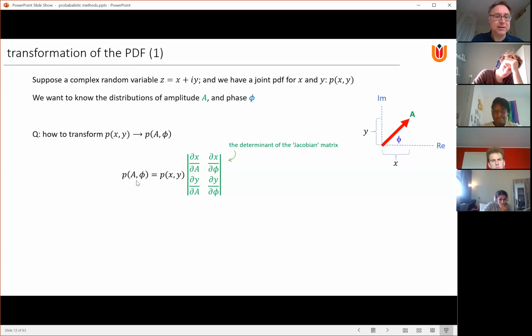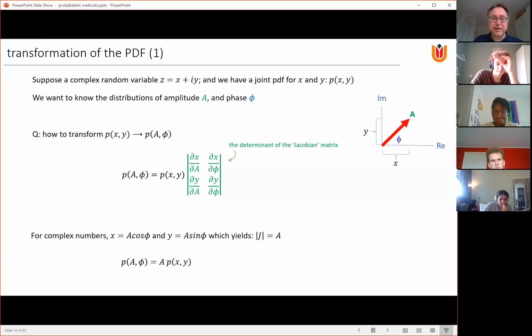So let's take a look at an example. For this phasor here, we have, of course, that x is the amplitude times the cosine of phi, and y is the amplitude times the sine of phi. If you then write these factors in this Jacobian matrix and calculate the determinant, the result is pretty simple.